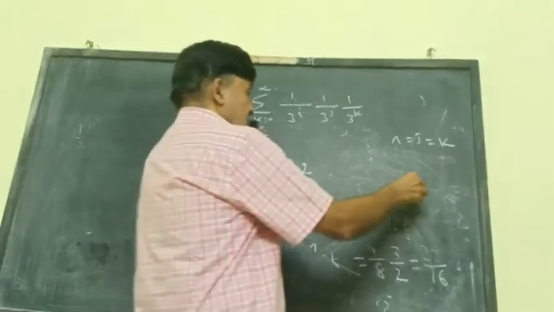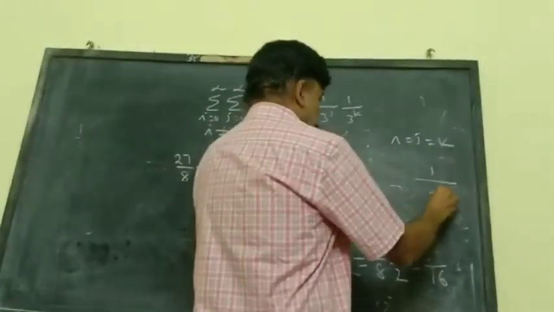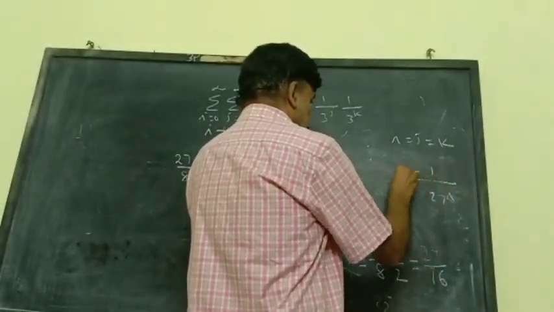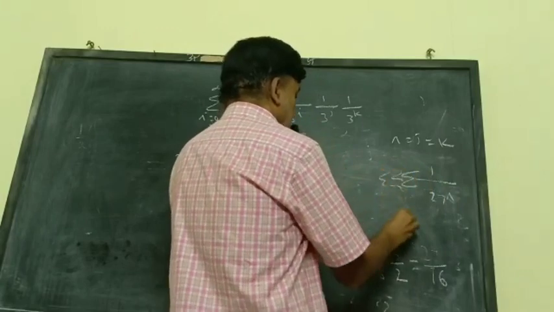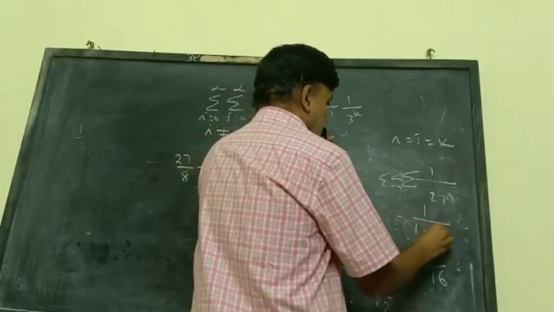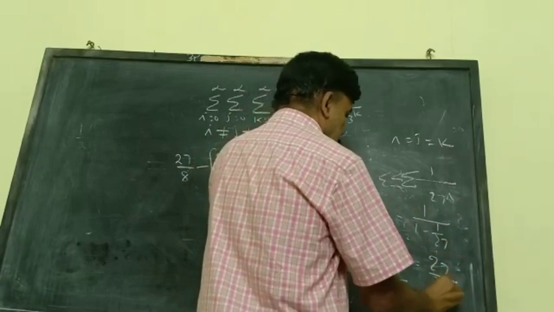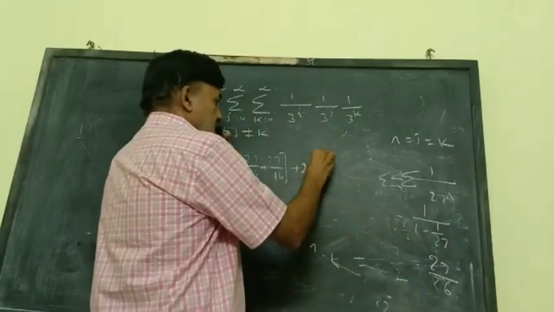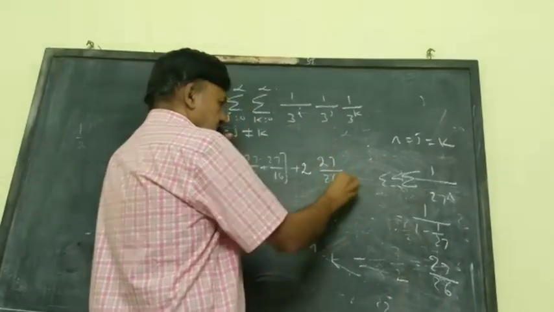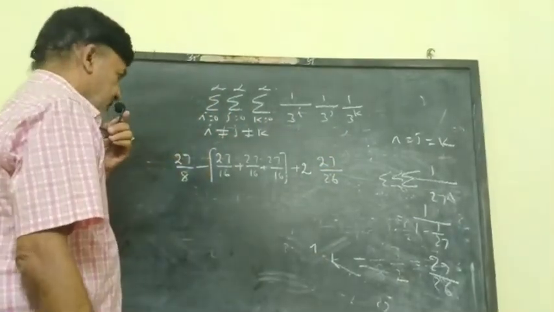When i is equal to j is equal to k, I am going to get 1 by 27 to the power of i, which is 1 by (1 minus 1 by 27), which is 27 by 26. So 2 into 27 by 26 you will get.